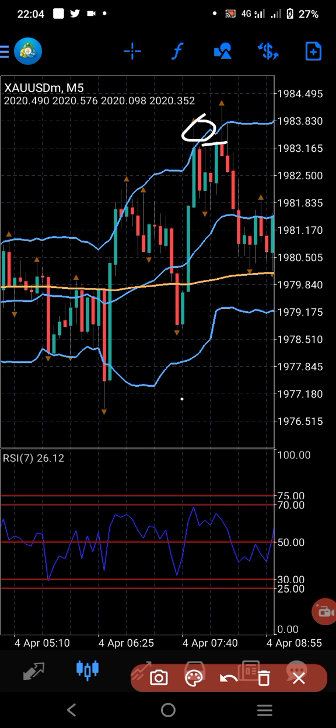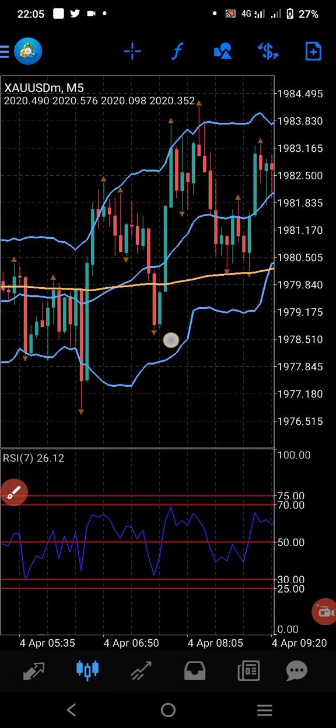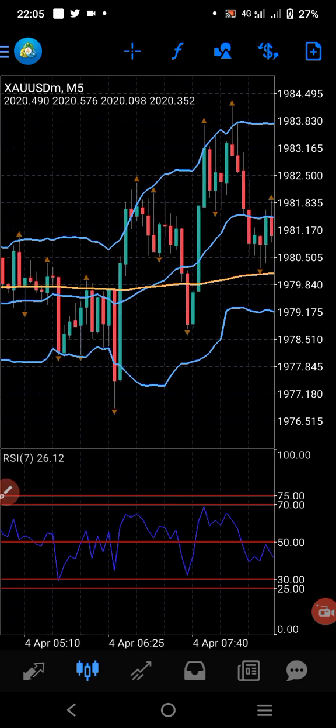Remember, we must learn how to use our stop loss. Our stop loss is very important so that we will not be stopped out of the market. I mean, we will not trade in losses. So what we do is to set the market at this point.